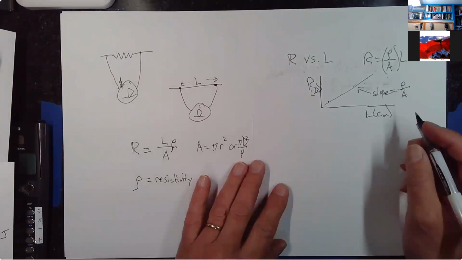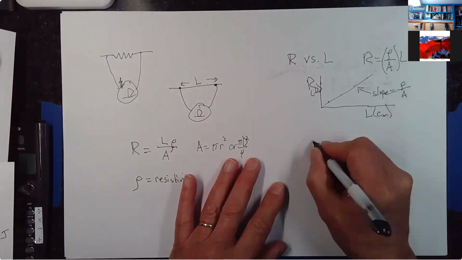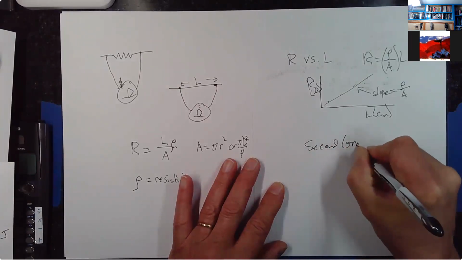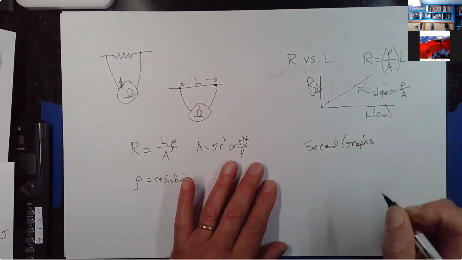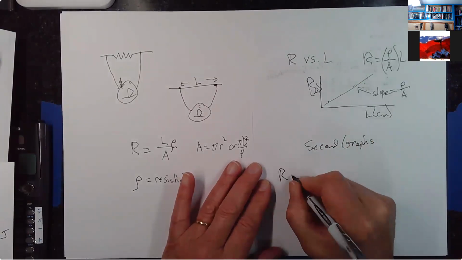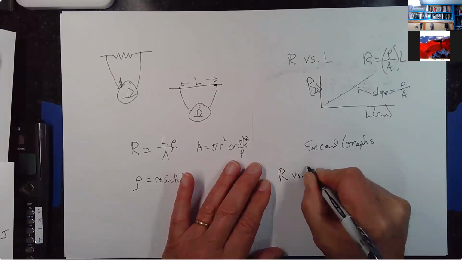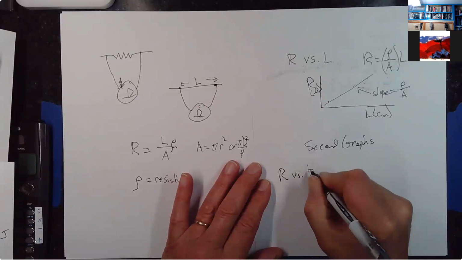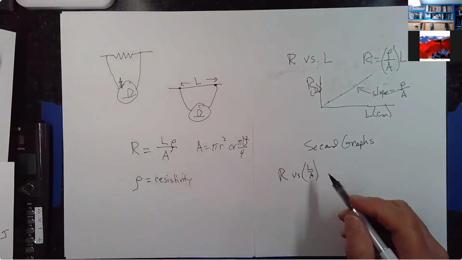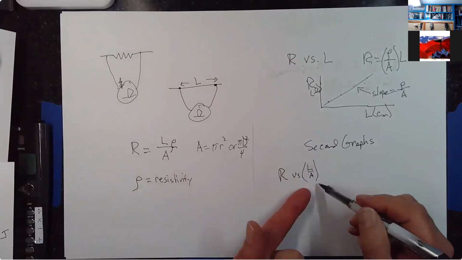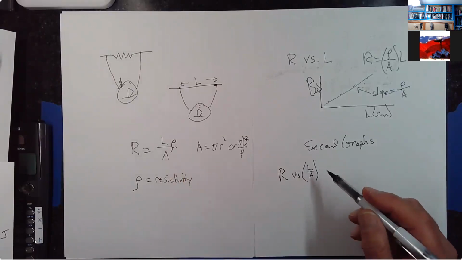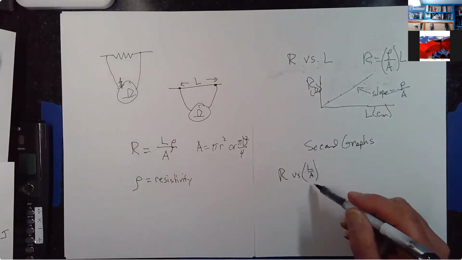For that second graph, I want you to make a graph of R versus L over A. So it's the length divided by the cross-sectional area, and this will be something that you'll have to calculate for those different wires, but it's a fairly simple calculation.